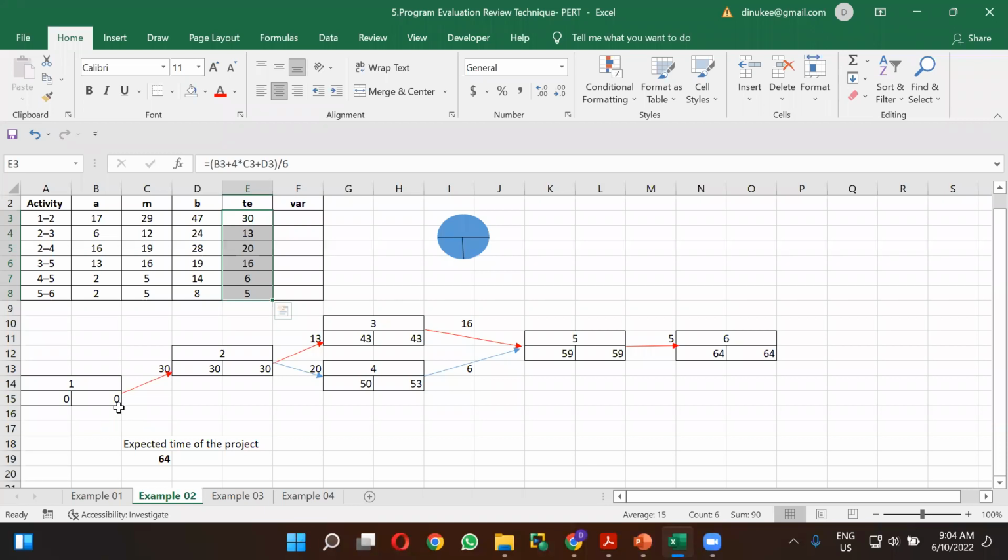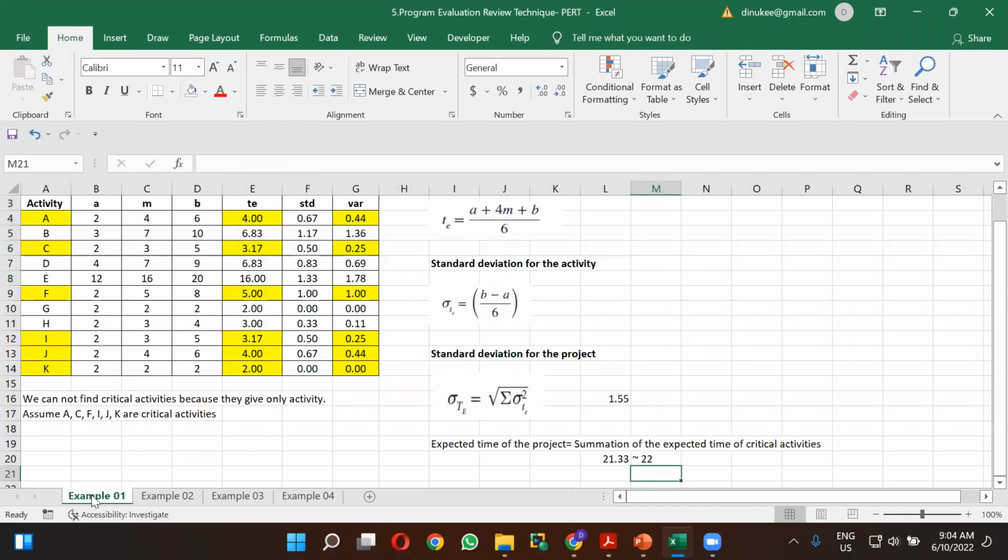So we have now completed up to that point. Next, we are going to calculate the variance for each of these activities. What is the equation you have to use when calculating the variance? This is the standard deviation for the activity, and after calculating the standard deviation of the activity, you have to take the power of 2.